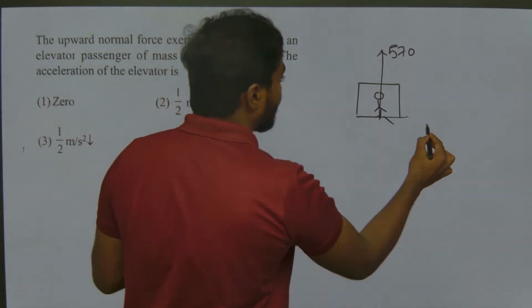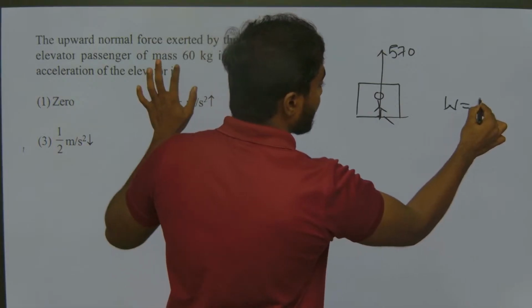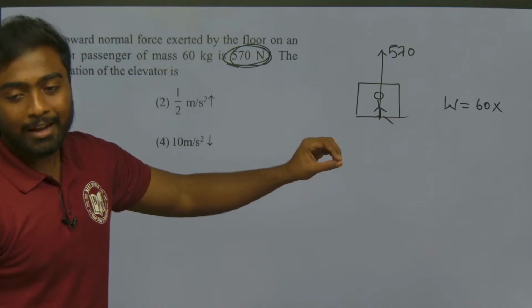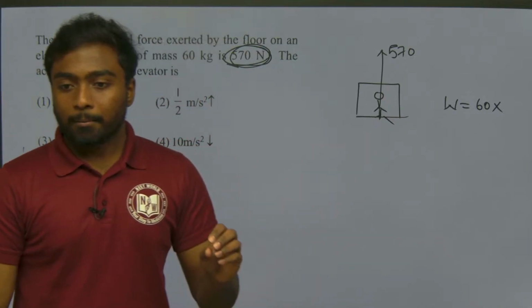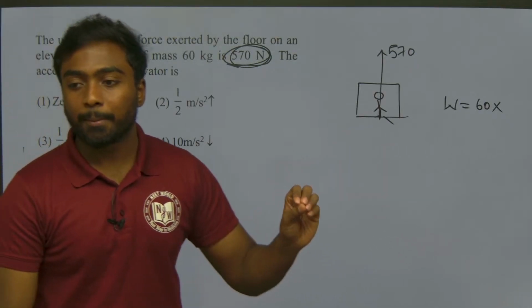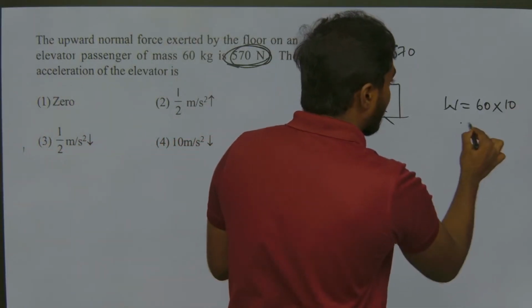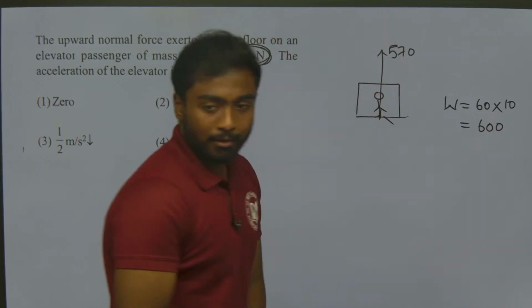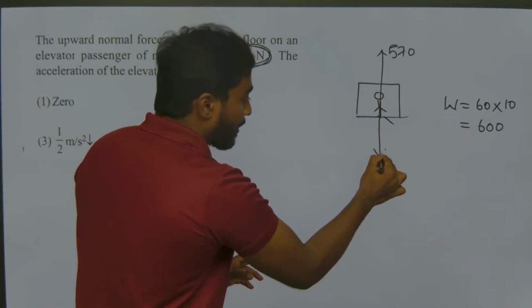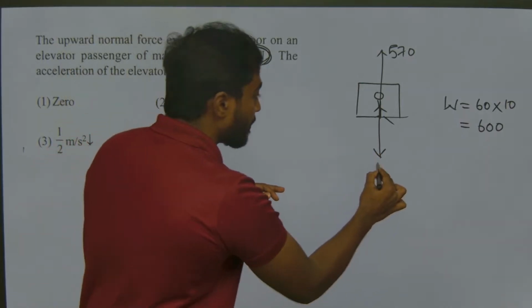The mass here is 60, and gravity I will take approximately 10. 9.8 is the proper value, but for calculation purposes we will take 10 meter per second square. So the answer is 600. Weight acts towards down, which means 600.